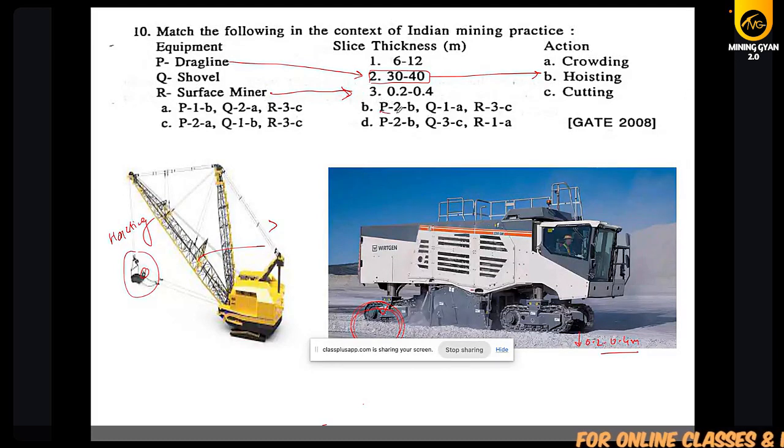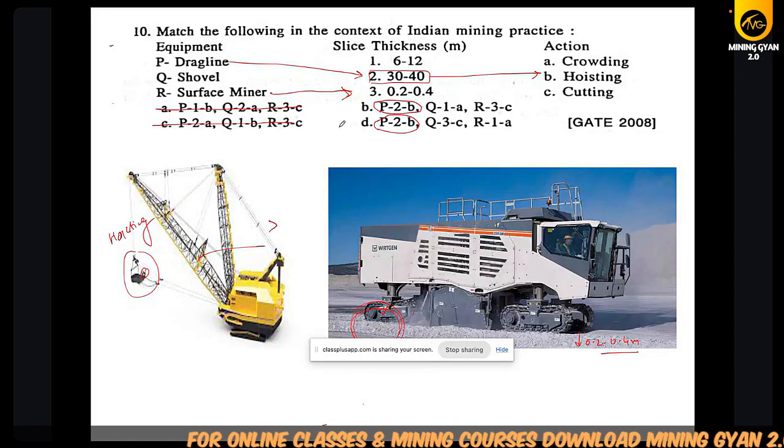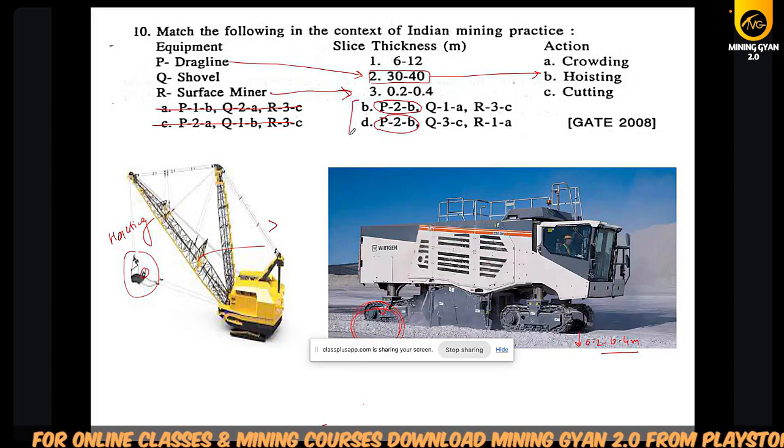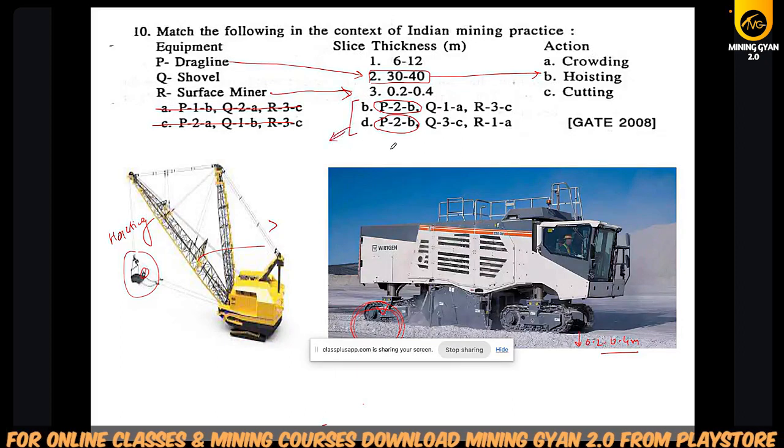P to B, P to B is P to B and P to B. So you can cut your options, only two options remaining. If you know the other option, then good. Otherwise, please attempt. If you have already removed two options, then attempt that question. Definitely attempt.